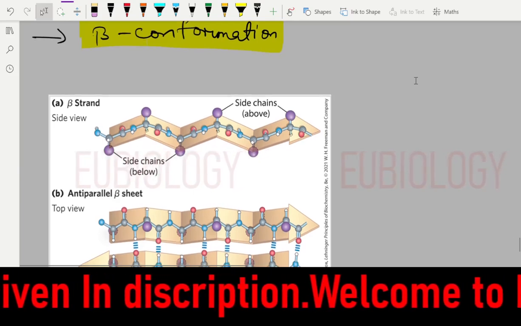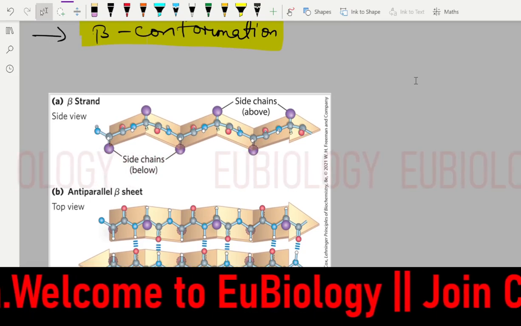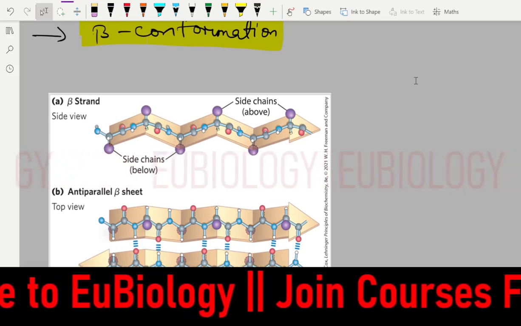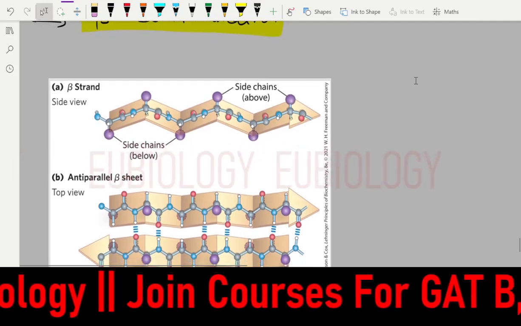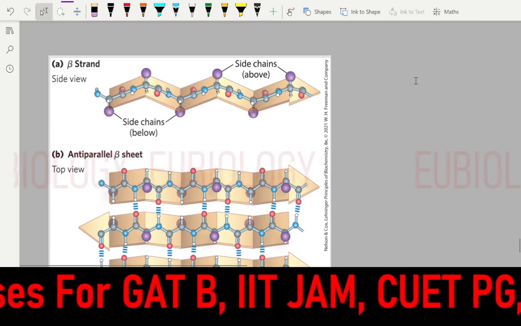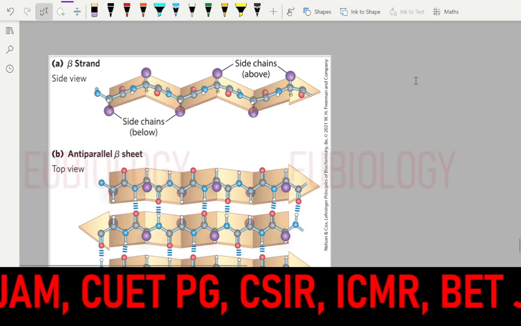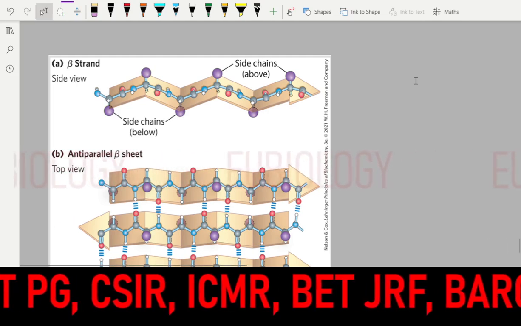Even in a zigzag form, it forms a pattern that is called beta conformation. If several strands in the beta conformation are arranged side by side, it is called a beta sheet.